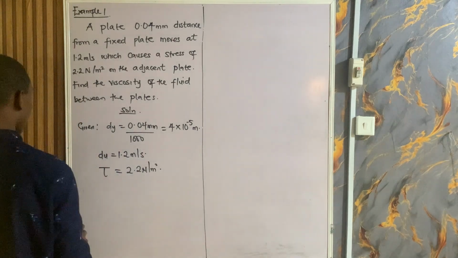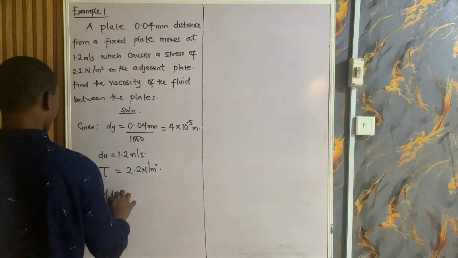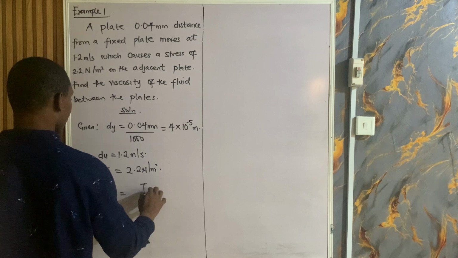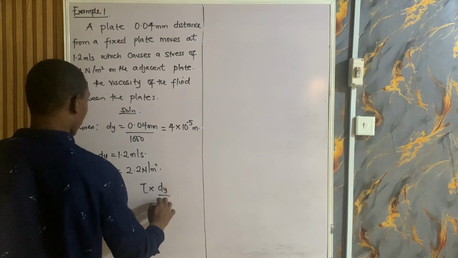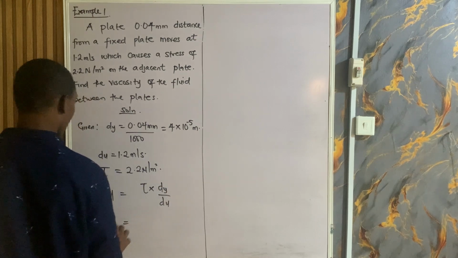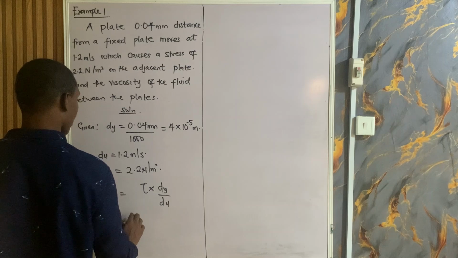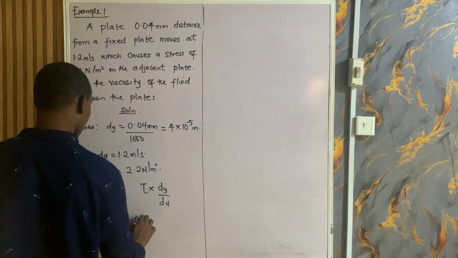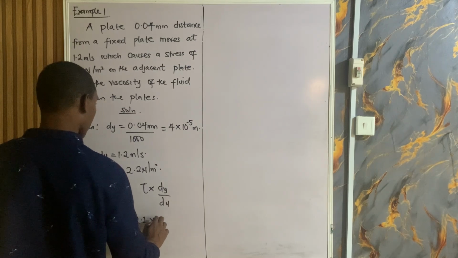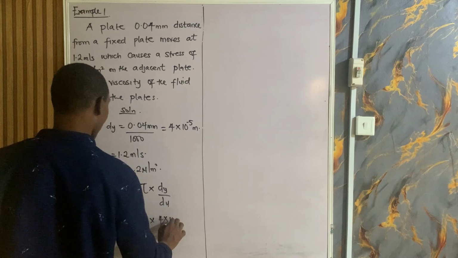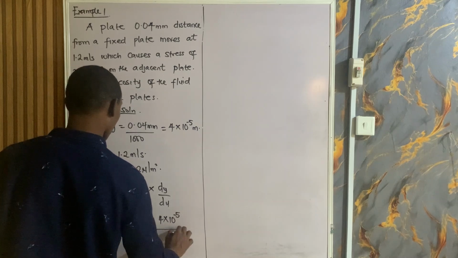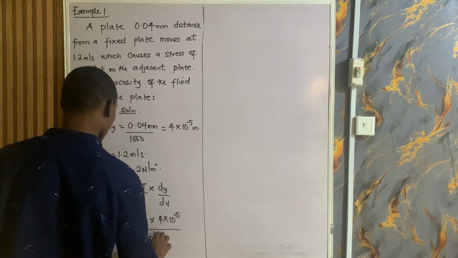So we can say that viscosity mu is equal to shear stress times dy over du, and that will simply be 2.2 times 4 times 10 raised to power minus 5 all over 1.2.